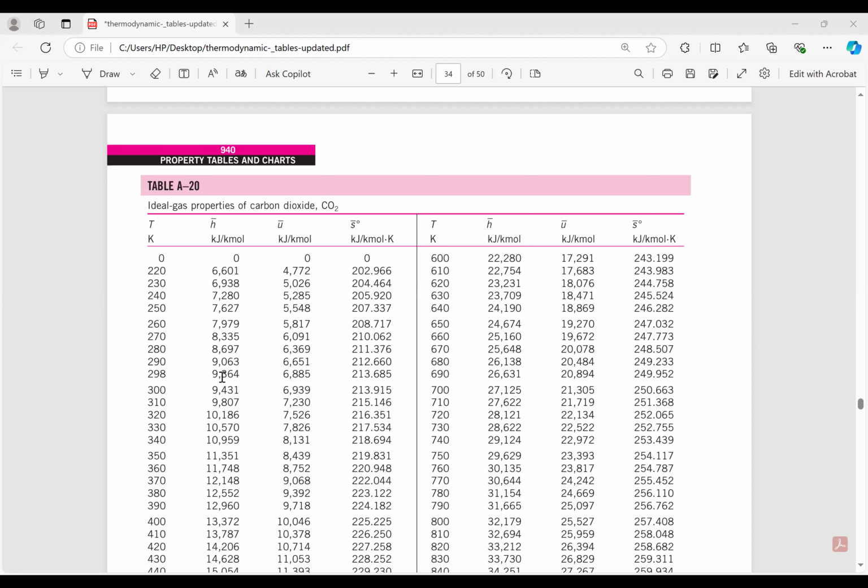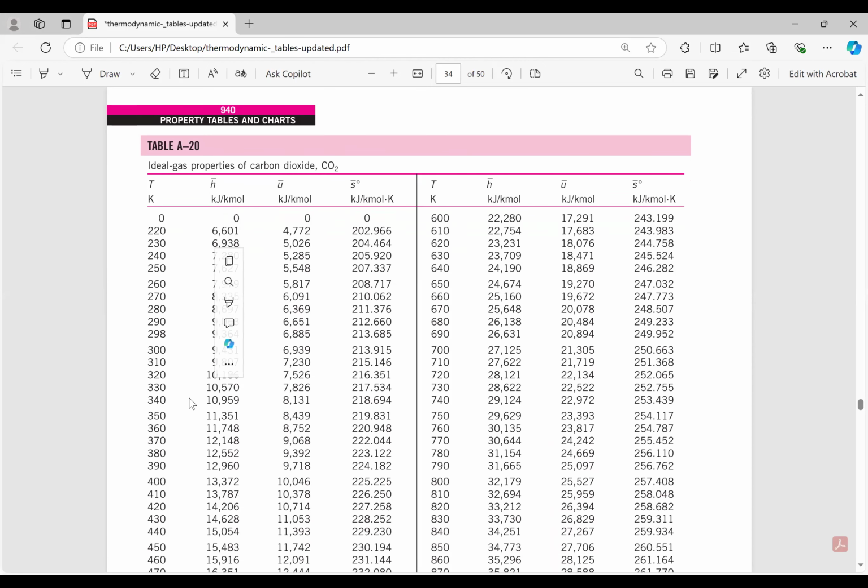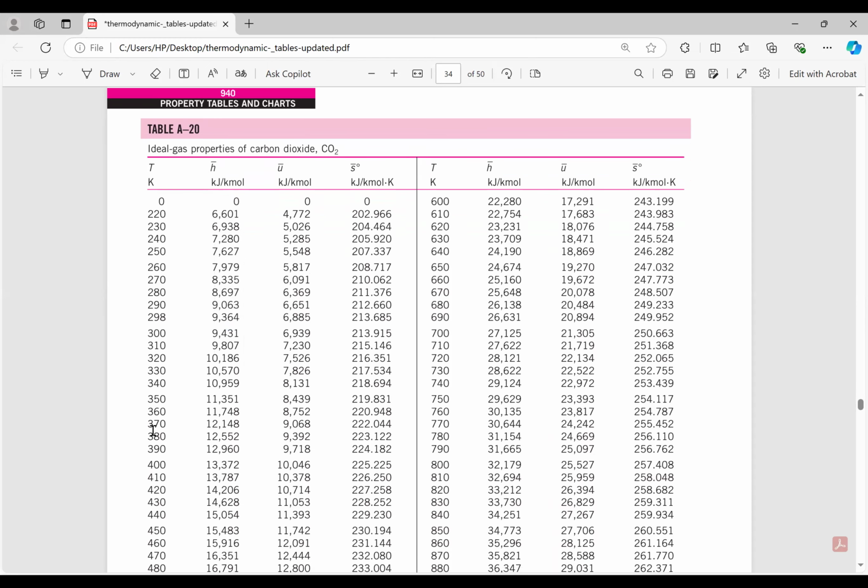So we can read the enthalpy there. So that's what we see here. And then 100 degrees Celsius is going to be about 373 Kelvin. So we realize that 373 is in between 370 and 380. So we'll have to use interpolation to get that value, right? So that's how we go about it.